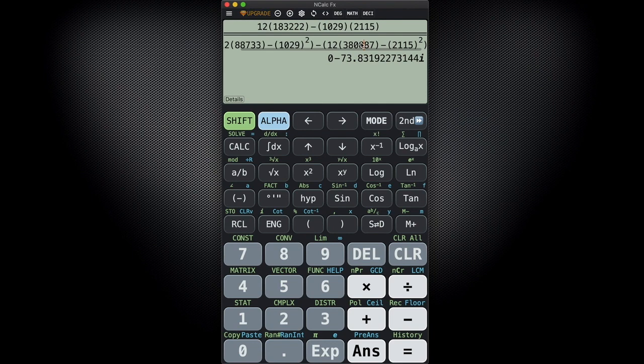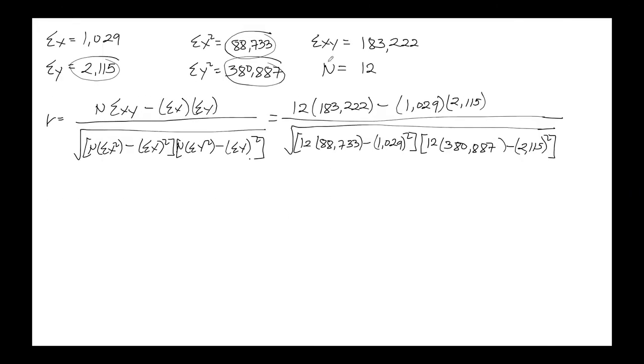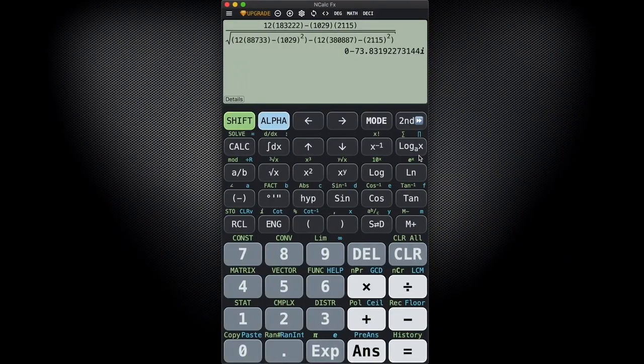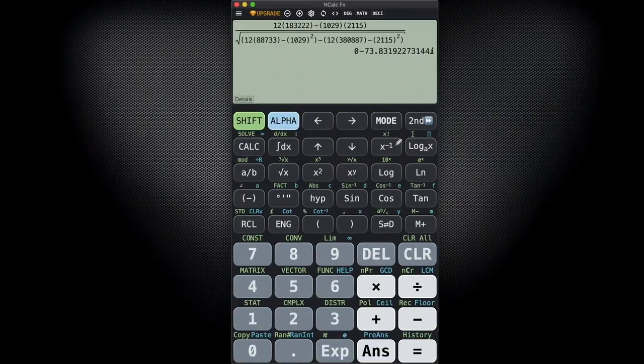Ano ang mali kong input? Kapag ganyan guys, check ninyo ang inyong input. Baka meron tayong maling input. So, i-edit ko siya. Okay. So, 12, 88,733 minus 1029 squared. Multiplied ulit.